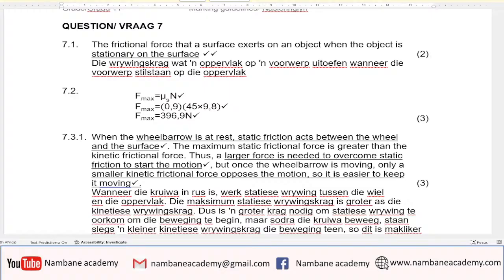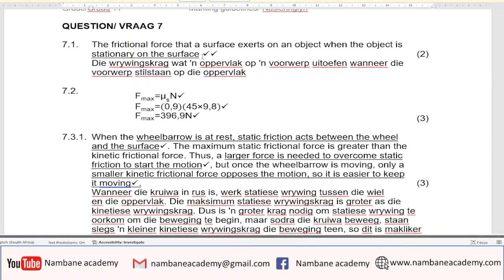I think there's some, yes, meneer, I was also looking at the static frictional force definition that is first.